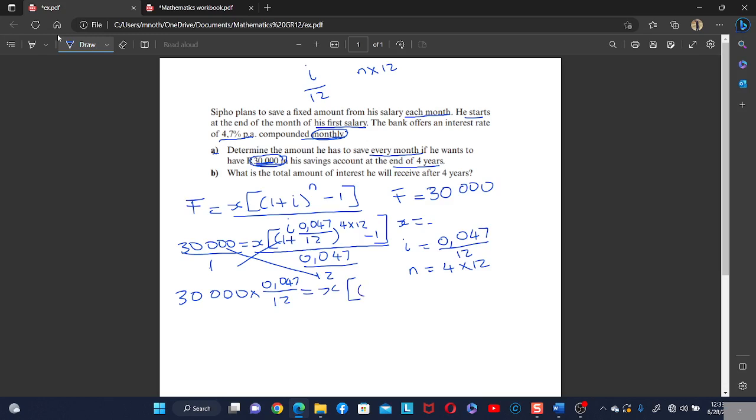So we're going to have 1 plus 0.047 over 12, and 4 times 12, that is 48, minus 1.